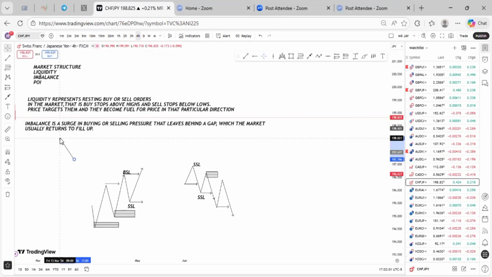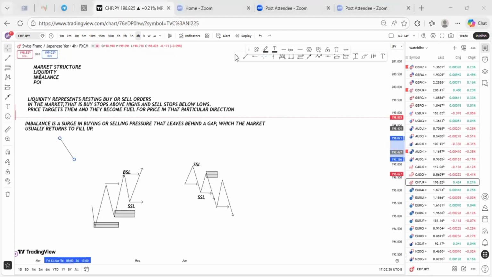An order block is a level or a candle where big institutions have placed their sell or buy orders, and the market is likely going to come back to tap onto those candles and activate those orders before it continues in whichever direction it intends to go. So it's very important you understand these definitions.